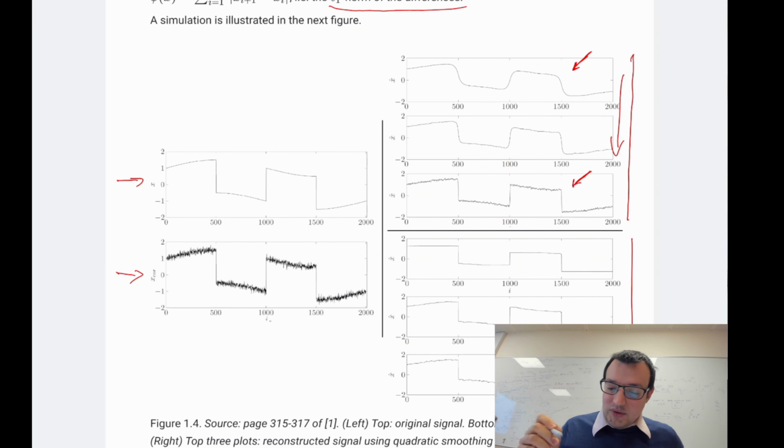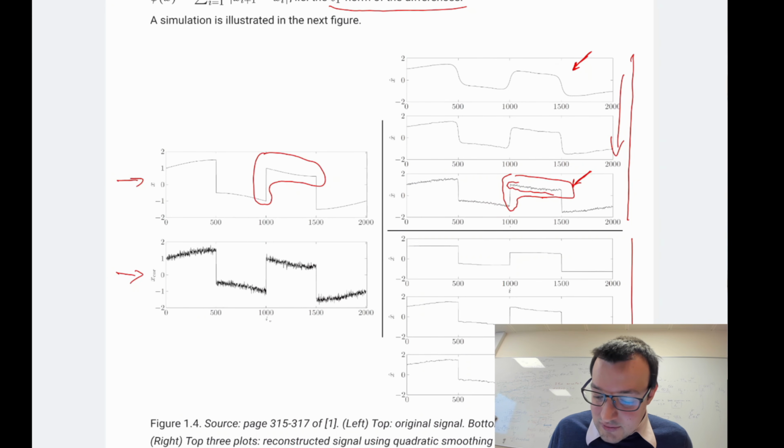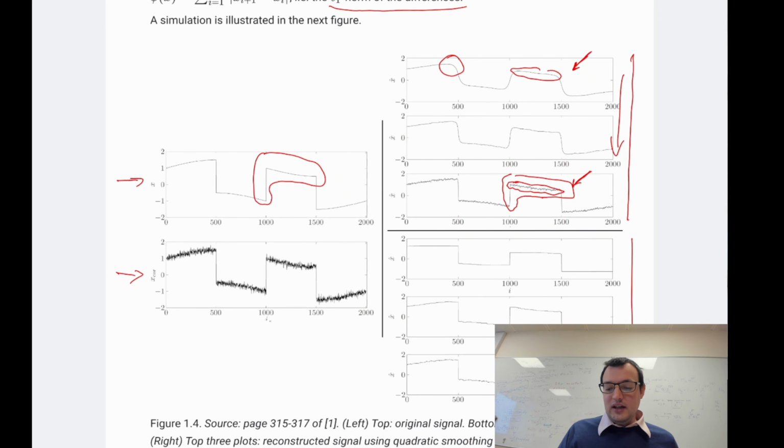What we get is a better profile for the original signal, which is discontinuous, but we also get back the high frequency. And if we want to get rid of the high frequency, then we get a smooth signal over here, which is bad. The original signal has this discontinuity.